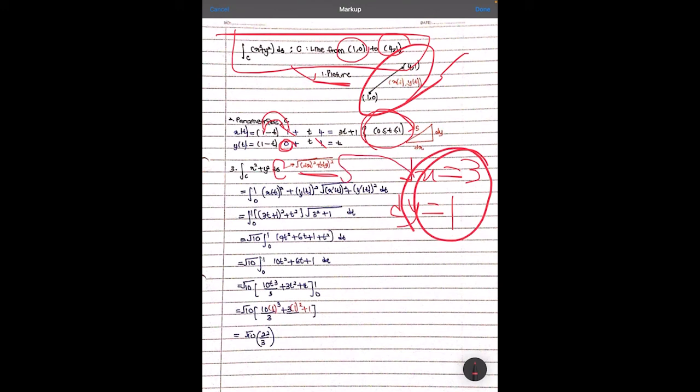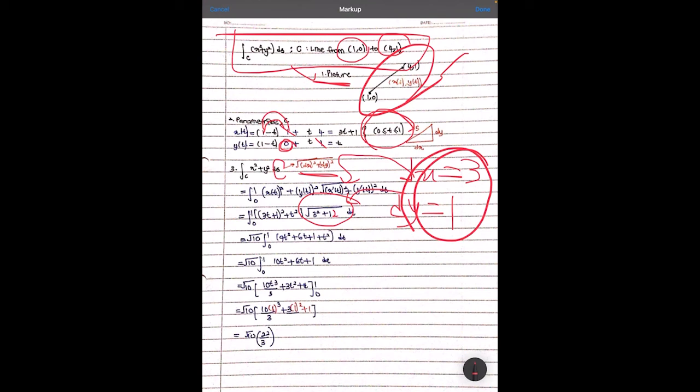For x(t) squared, I got 3t plus 1, all of it squared. y(t) is t, so I square it. And this, I exchange the values. So I got this, and the total is 10.